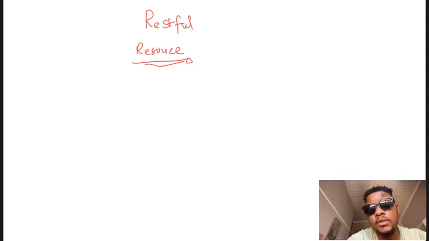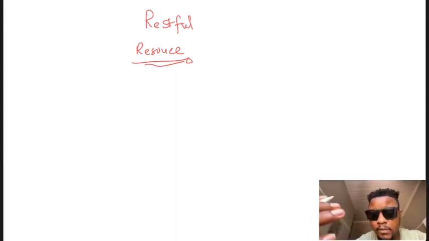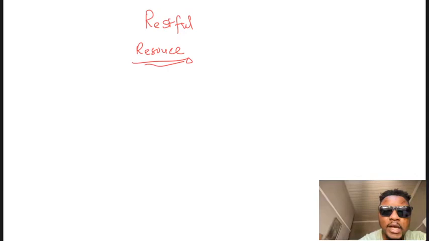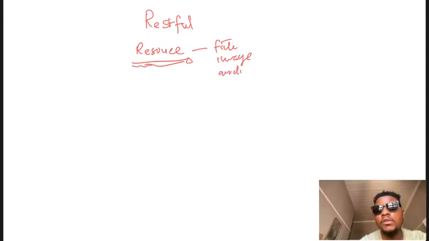We call it a resource, right? Stick with me, it's gonna be simple as we move. And we abstract what we want to act on as a resource. So a resource can be a file, an image, an audio, or whatever the case.